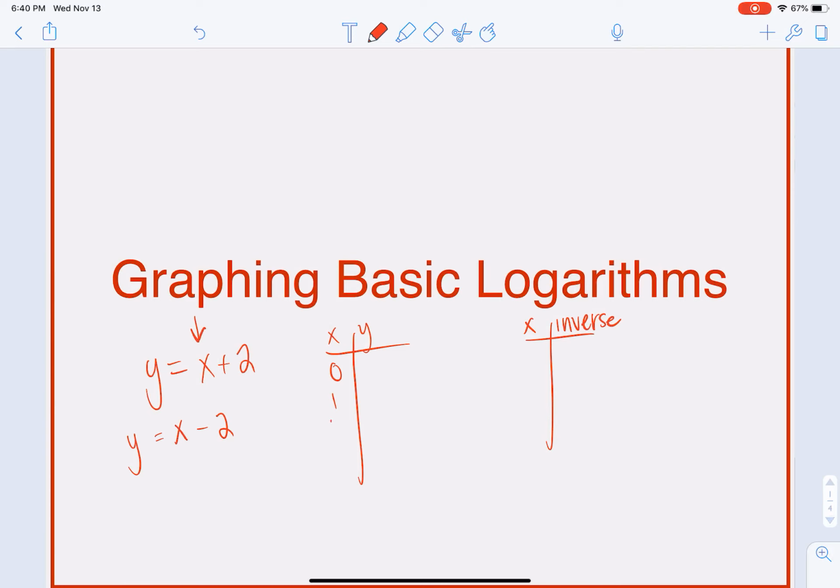If I had 0, 1, and 2, if I plug 0 in, I get 2 here. 1 plus 2 is 3, and this will give me 4. My inverse is the exact opposite. I can plug in 2, 3, and 4 and get 0, 1, and 2 out. So that's a really quick refresher about what an inverse function is, very basically.